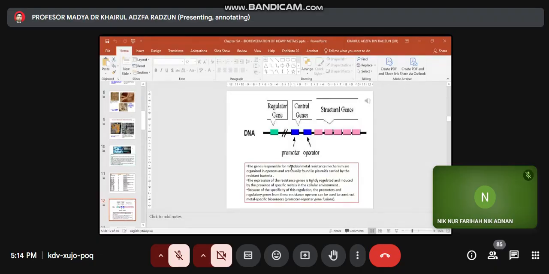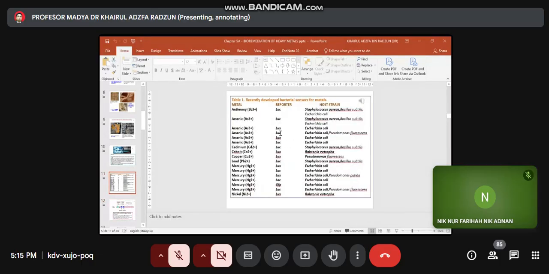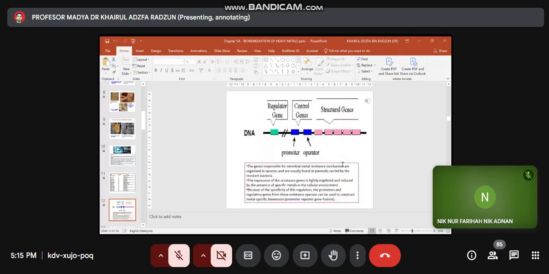As I did mention earlier, once this structural gene has been replaced with, for instance, the luciferase gene in Table 1, or LUX gene, we change the structural genes to luciferase, to LUC, to GFP, and so on.